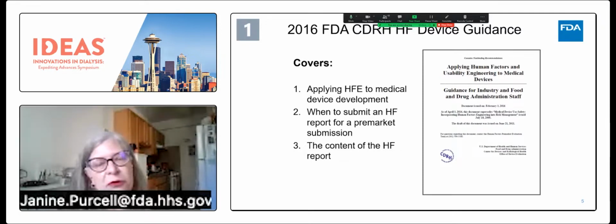And in the case of hemodialysis devices, the answer is always, because it's a high-risk device with what we'll talk about are critical tasks, and that might involve patient harm. So you're always going to be expected to deliver human factors validation data to the agency, and then what the content of that reporting should be in the realm of human factors.